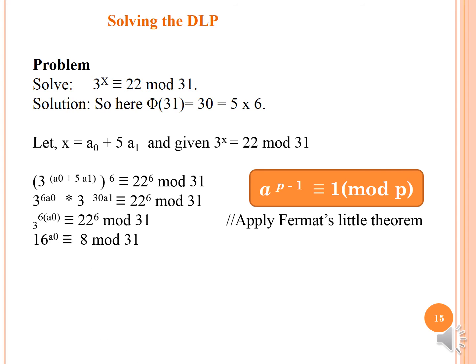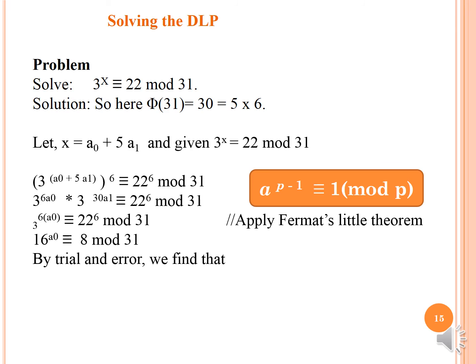And simply we can calculate 3 power 6 mod 31 will be 16, and 22 to the power 6 mod 31 will be 8. So we will find the expression that 16 to the power a0 is equal to 8 mod 31.